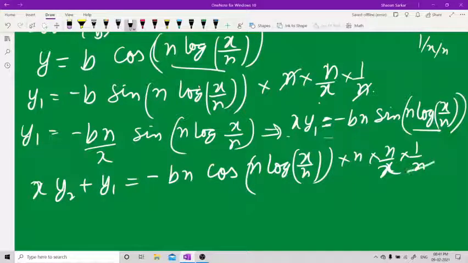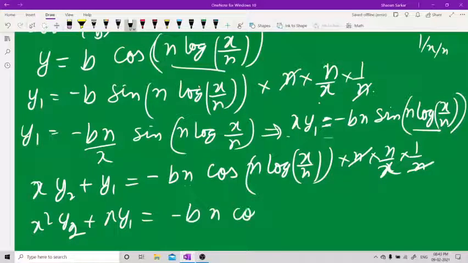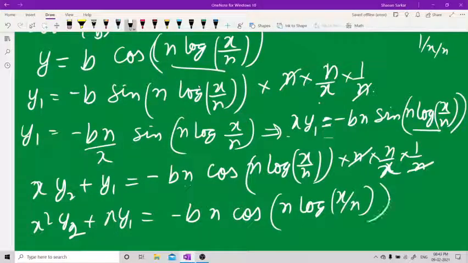Again this and this will cancel out. Now cross multiply with this x first. This is x² y2 + x y1 is minus bn cos(n log(x/n)).